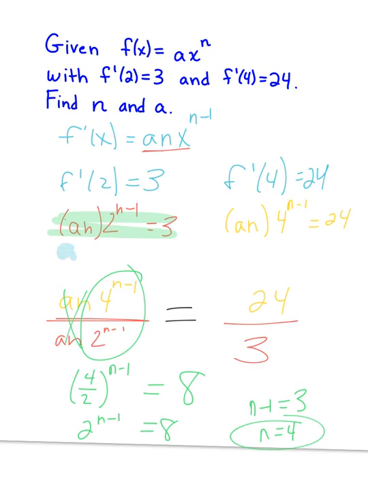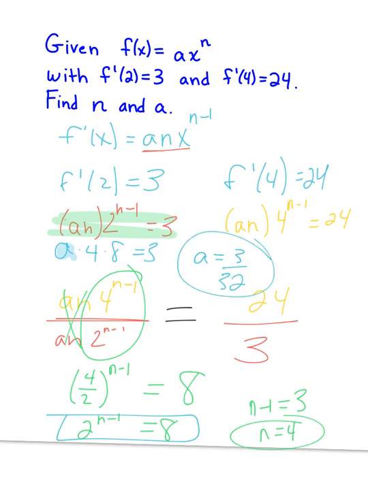So we had a, and we know n is already 4, so that's times 4, and we know 2 to the n minus 1 is 2 to the 4 minus 1, which is 2 to the third, which again is just 8, so this is 3. So therefore we get a is equal to 3 over 32.